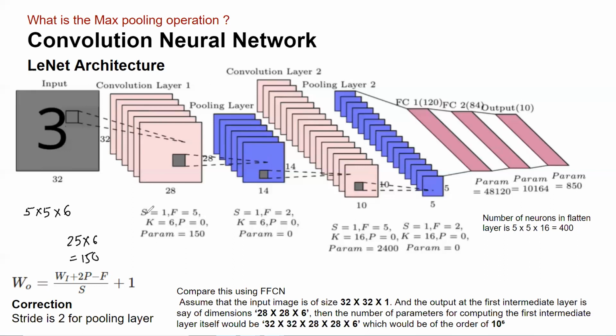That will give some output, but the dimension of my matrices will not change. Only the pixel values might change. So the activation function will never change the dimensions of the matrix. It will only change the values of the matrix.